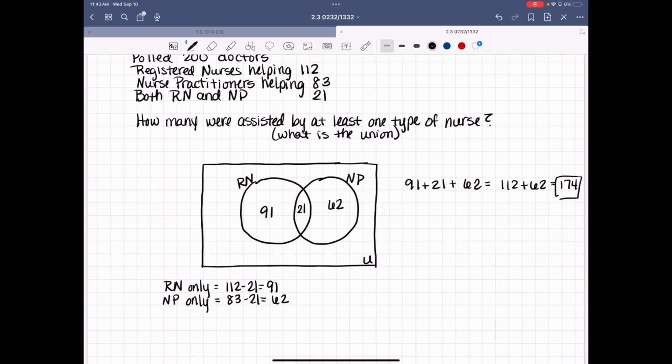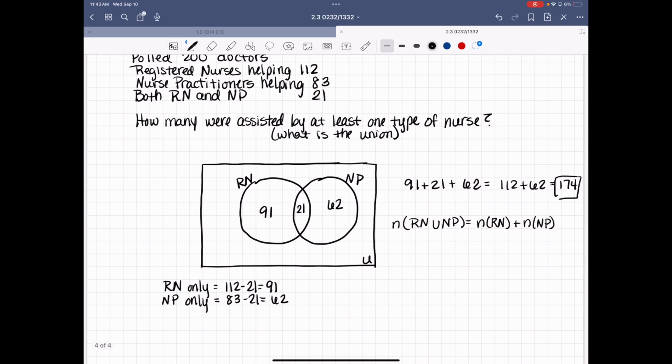Now, you also could have done it with our little formula, right? Because we know that the cardinality of RN union NP was going to equal the cardinality of RN plus the cardinality of NP minus the cardinality of the intersection of RN intersection NP. I didn't leave myself enough room.